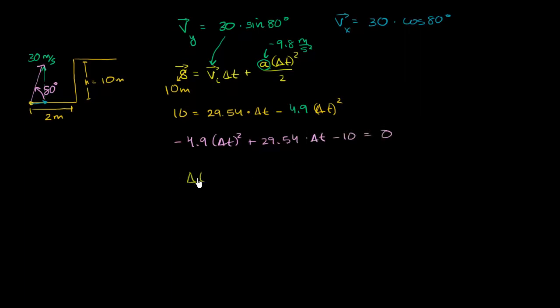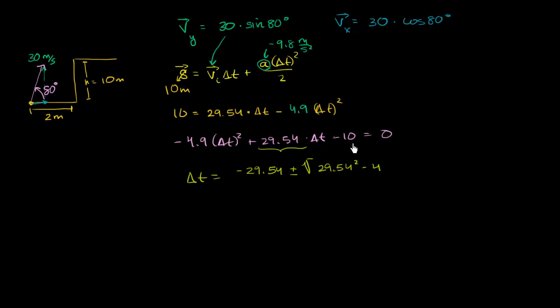So the delta t's that satisfy this quadratic equation are going to be negative b, so negative 29.54, plus or minus the square root of b squared, 29.54 squared, minus 4 times a, which is negative 4.9, times c, which is negative 10.